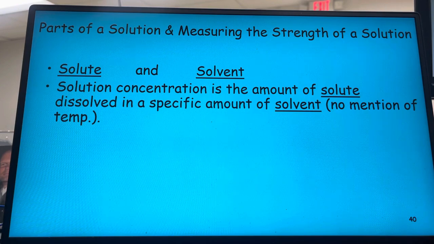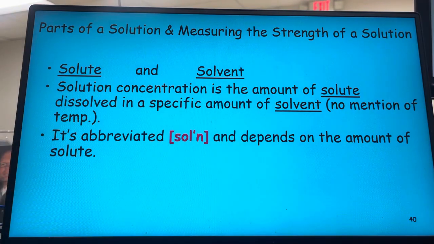We're going to leave that out of it for now. So it's how much sugar is in how much water. That would be concentration or strength of a solution.